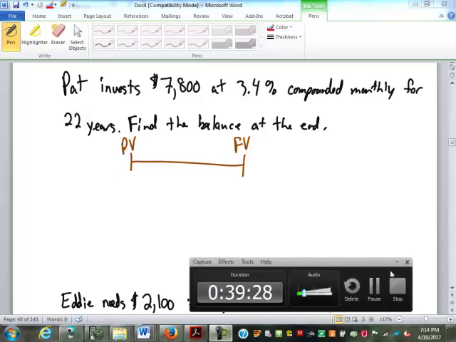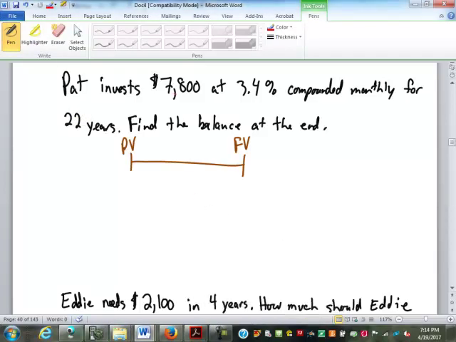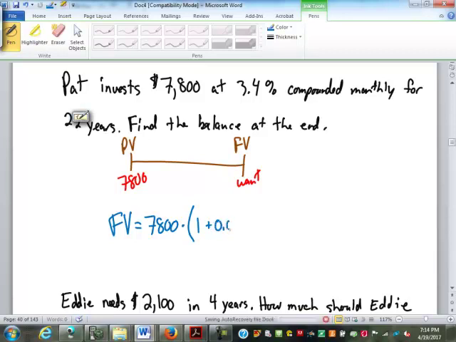So looking back at this problem, first thing we got to figure out, we got the $7,800. Is that a present value or future value? Present. So we know the present value. We want the future value. So the future value equals what? 7,800 and then times and then parentheses 1 plus 0.034 and then it is compounded monthly, so divide by 12.